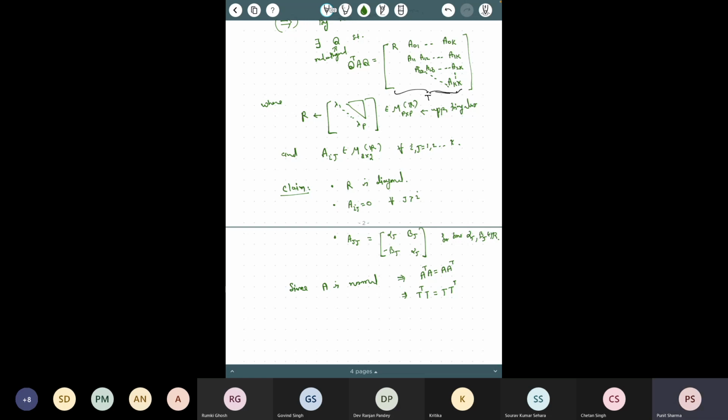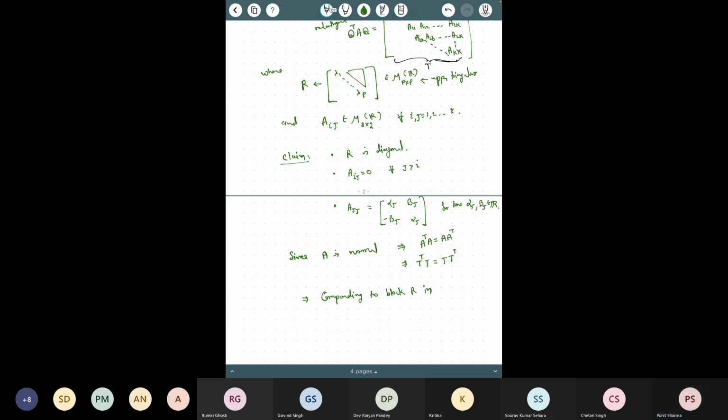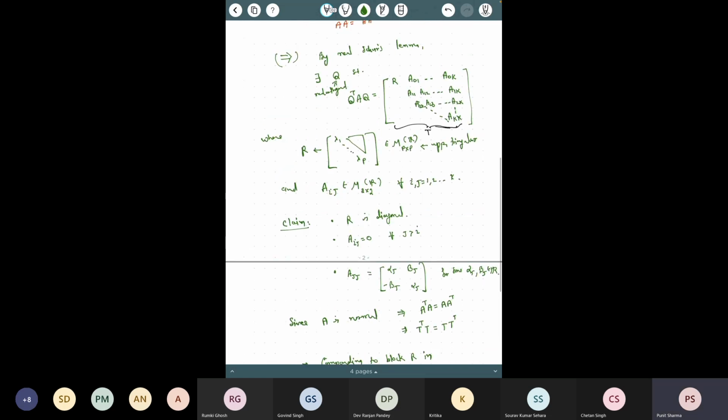Right. So if you compare, then this implies T transpose T equal to T T transpose, corresponding to block R in, let's say, here. I can give you this a name. Let's say star. Okay.